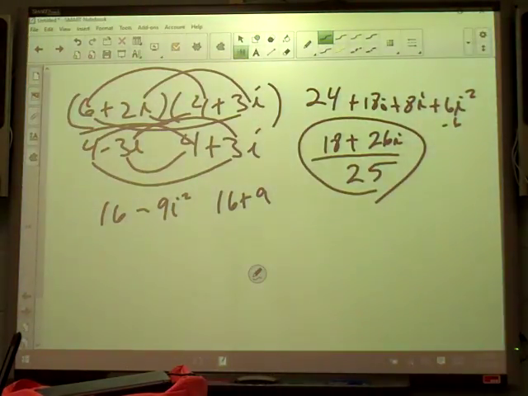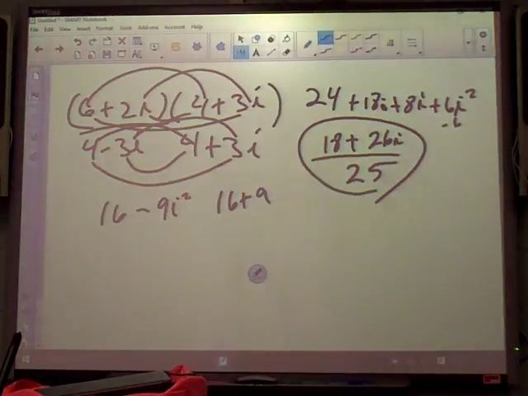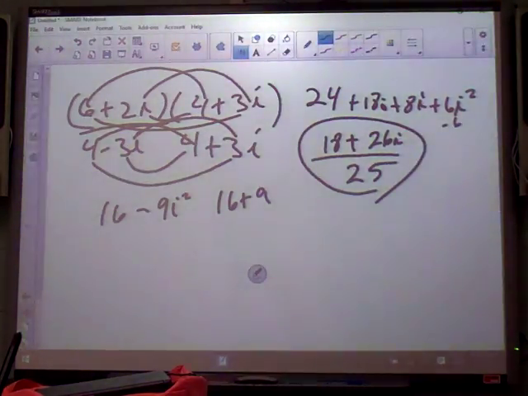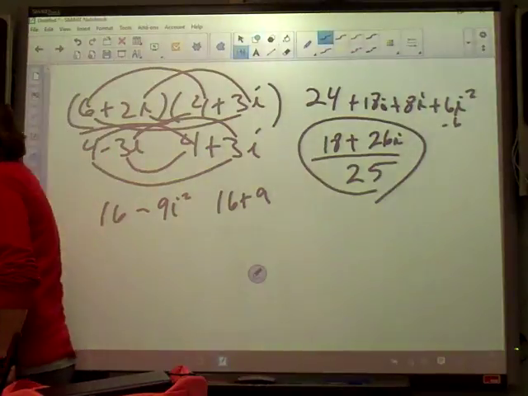Now, that one we divided by a binomial, 2 terms on the bottom. If you're just dividing by a monomial, which is the next one we're going to do, it's a lot easier. Because remember when we did the square roots, if it was just a square root of 5 on bottom, we just multiplied it by the square root of 5. You just multiply it by itself. So it'll be the same deal with the i's.